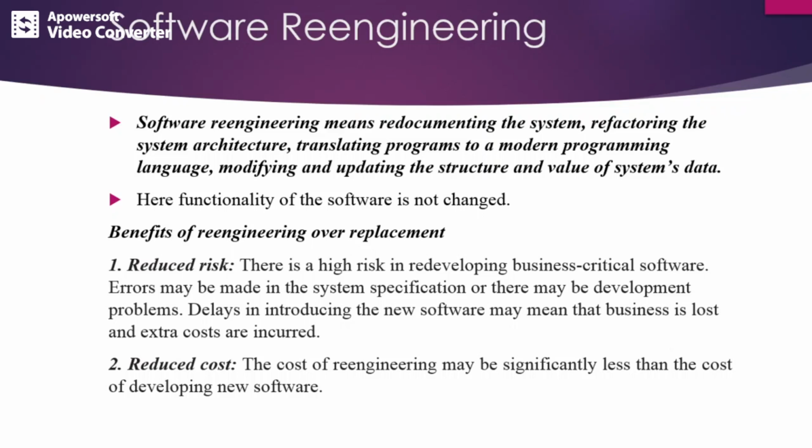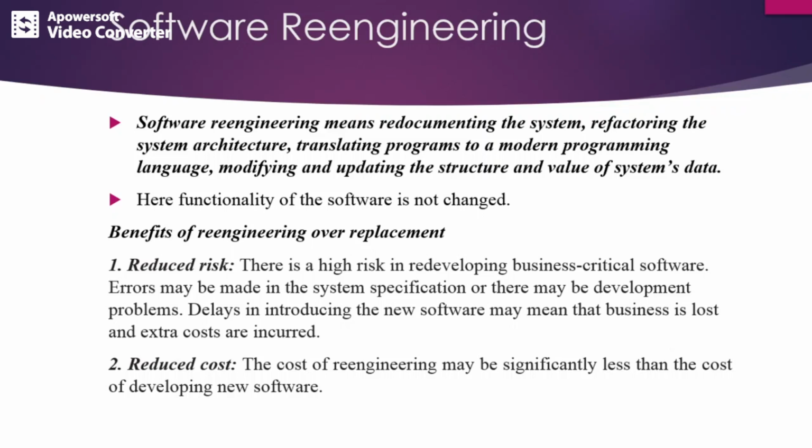Then refactoring the system architecture, again changing the architecture of your system. Translating programs to a modern programming language you can do. So you try to translate the given program into a new modern programming language. Suppose you have written the program in C and you want to change to Python.